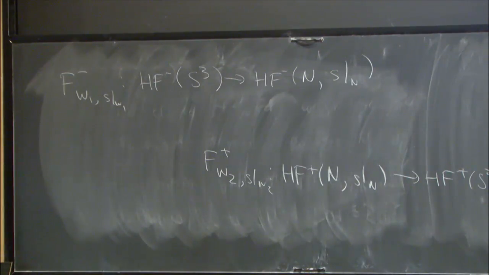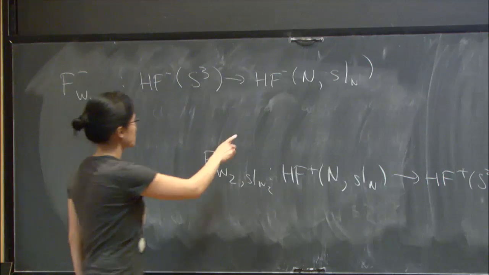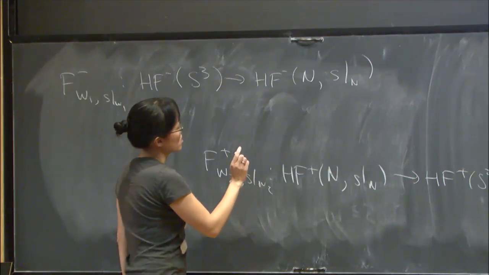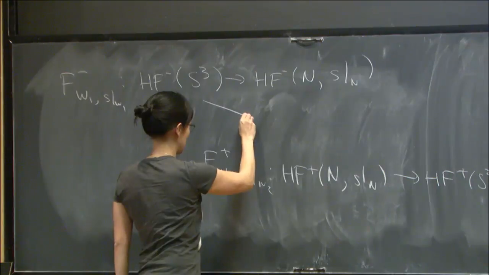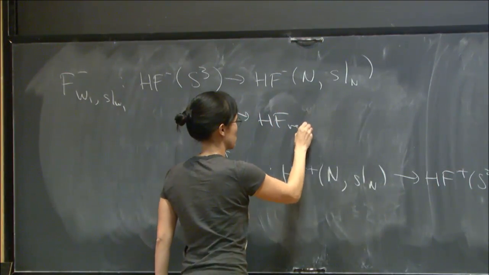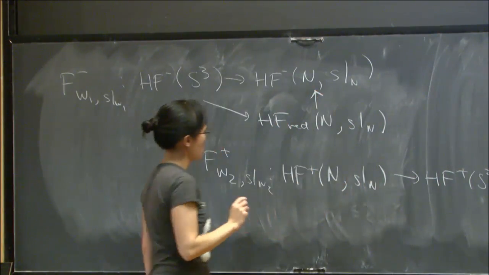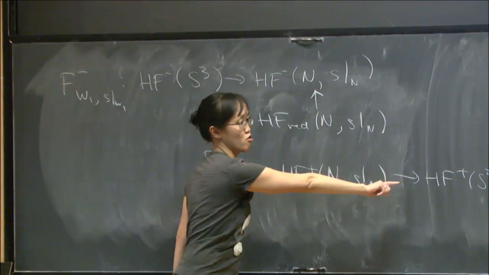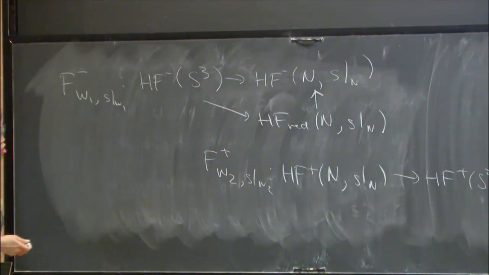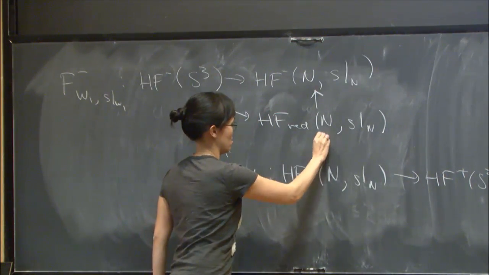Now, since b2 plus of wi is at least 1 for i equals 1 and 2, it turns out that this map factors through HF red of N. And similarly, this map here also factors through HF red. And remember, HF real, it's the same HF red.